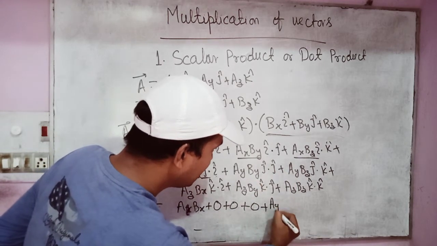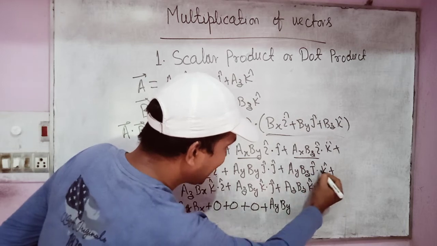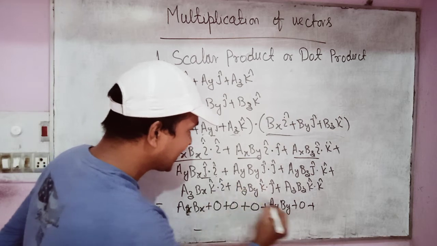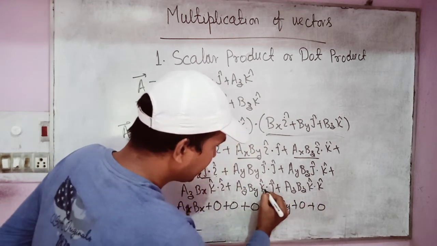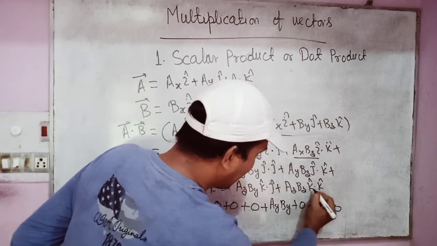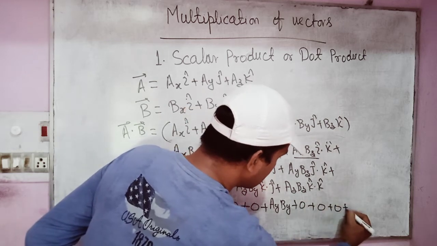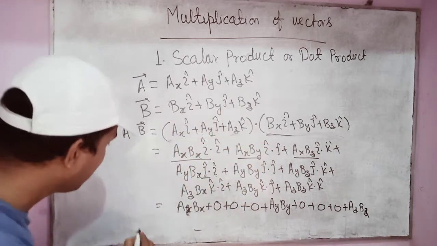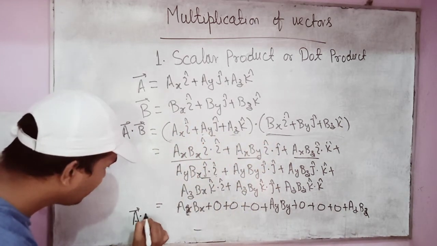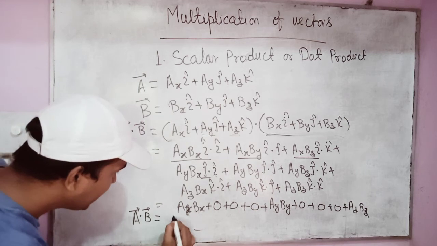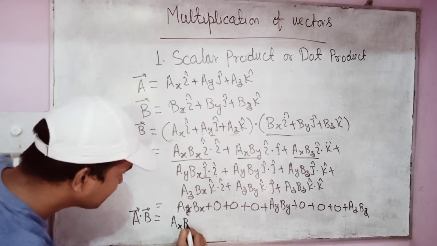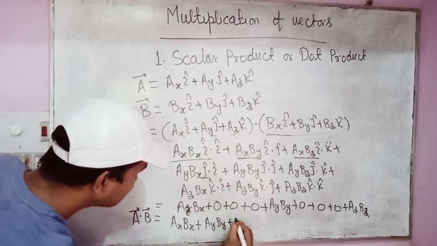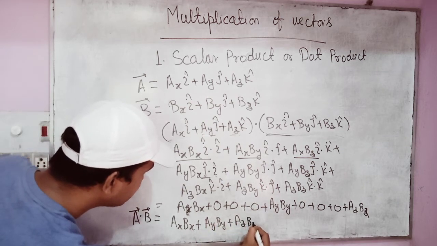So this is equal to ay by, j cap dot k cap is equal to 0, k cap dot i cap is equal to 0, then k cap dot j cap is equal to 0 and k cap dot k cap is equal to 1. So az bz. So we get the final formula: vector A dot vector B is equal to ax bx plus ay by plus az bz.